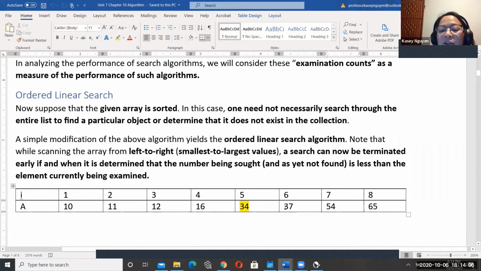As soon as it gets to the next element after the midpoint, it's going to say, is 34 equal to 34? If that's true, it's going to return. At this point, it's going to stop and say it found the key and it's in the fifth element.